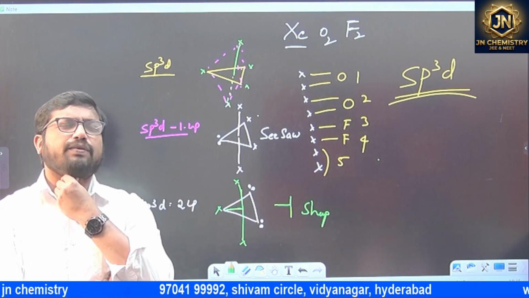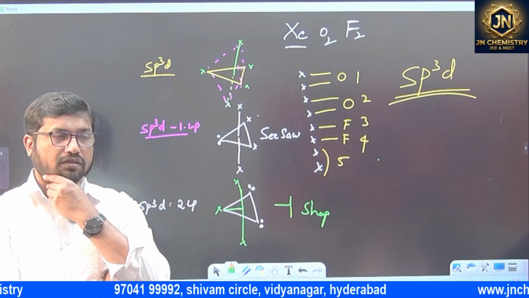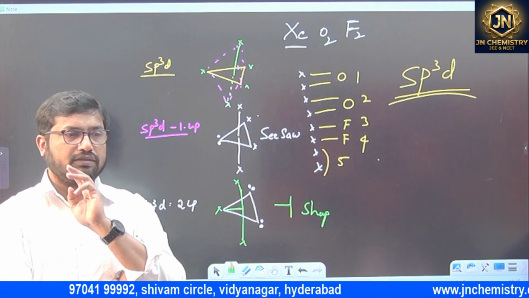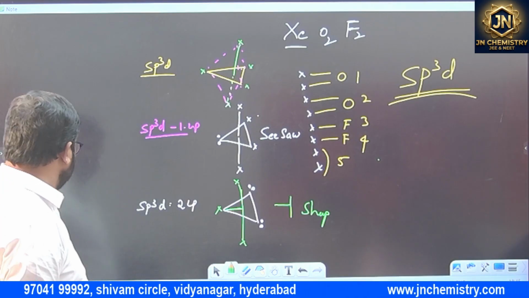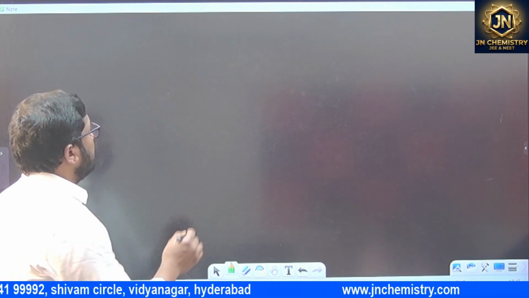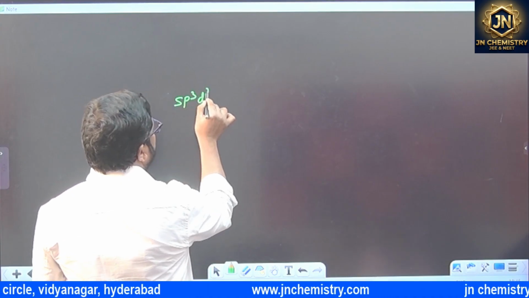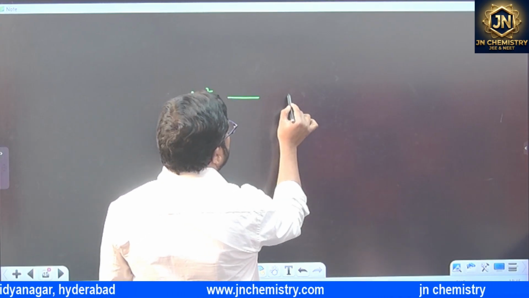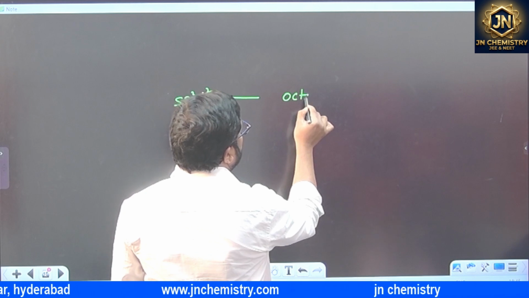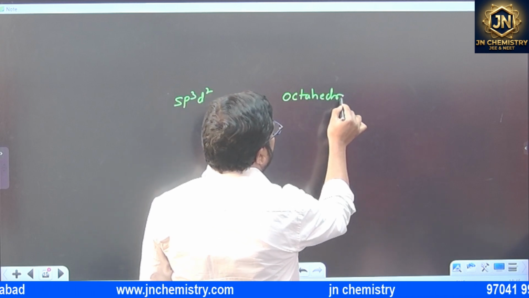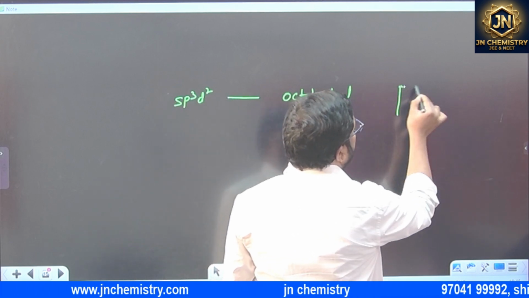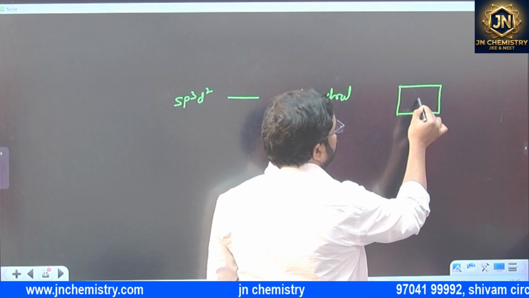sp3d2 with two lone pairs, square planar. 4 structures, 3 completed on that. sp3d2 with 0 lone pairs, octahedral. Octahedral means what? 4 are in the same plane, like this.